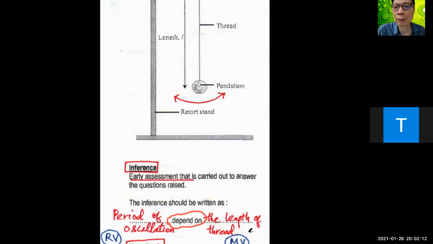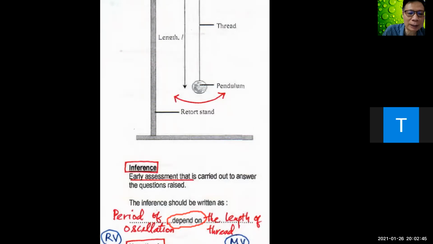For inference, you must use depends on. In this case, period of oscillation depends on the length of the thread. In Mandarin we say 它拿的时间去 oscillate 对不对？是有赖于那个线的长度。So period of oscillation depends on the length of the thread.